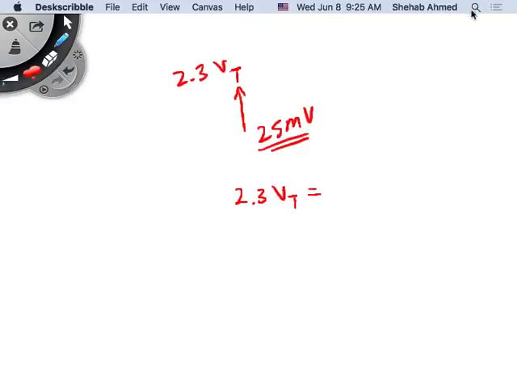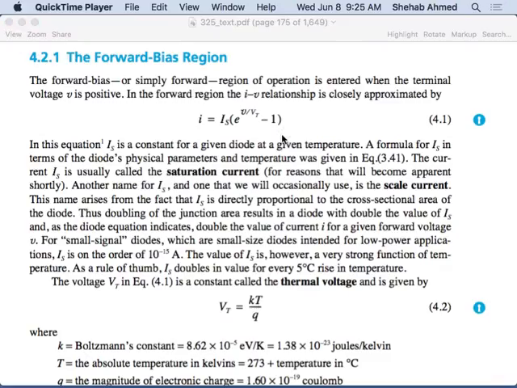Calculator. Yeah, approximately 60 millivolts, right? So we will see that this is going to be interesting for us very shortly. Very interesting, about 60 millivolts.